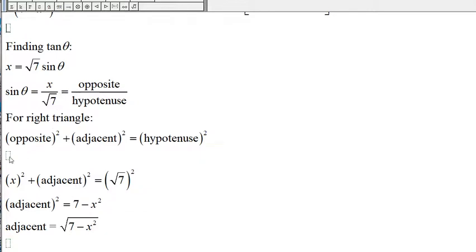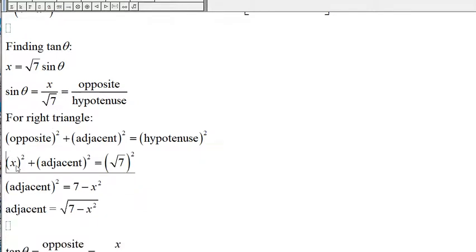Opposite side is x. The adjacent side is what we're looking for. The hypotenuse is the square root of 7. The square root of 7 squared is just 7. And then subtract x squared from both sides. Then we get the adjacent side squared is equal to 7 minus x squared.